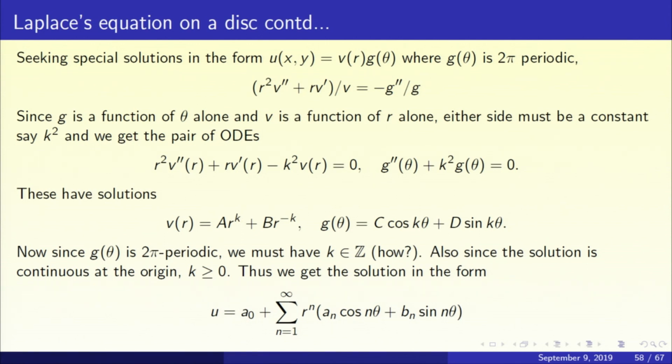But r is 0 corresponds to the center of the disk, (0, 0). And my solution u is a twice differentiable function, so it must be finite near the origin. So b must compulsorily be 0. There is no choice. So all we are left with is capital A r to the power k.